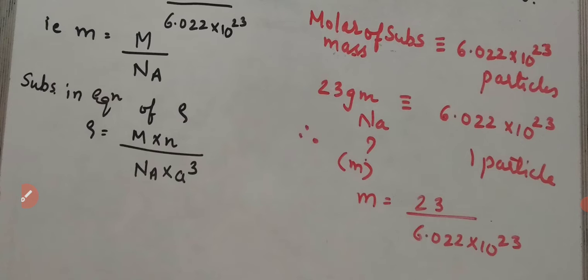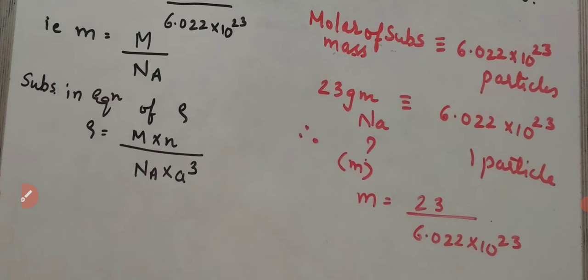That is, 6.022 into 10 raised to 23 particles weigh 23 grams. So what is the weight of one particle of sodium? Let that weight be small m. Cross multiply and find the value of small m. You get small m as 23 upon 6.022 into 10 raised to 23.